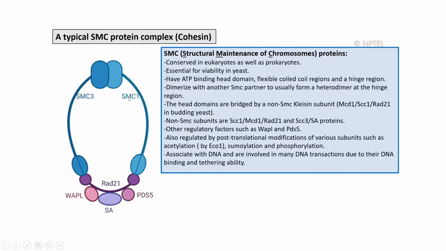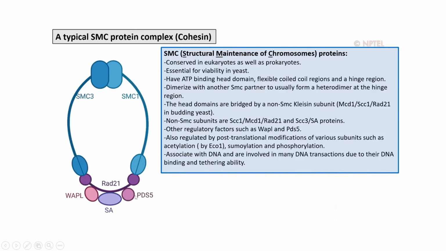In cohesin, generally there are SMC1 and SMC3, which dimerize with each other. There are also non-SMC proteins such as RAD21, SA, WAPL, and PDS5.